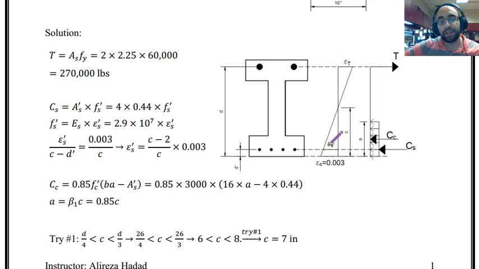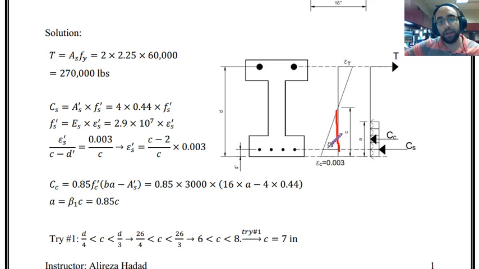For the smaller one, we can say epsilon's over c minus d'. c minus d' is this side of the triangle, and as you can see, d' is the distance from compression reinforcement to the extreme compressive fiber of the section. So d' is shown over here. c minus d' will be this side of the smaller triangle.